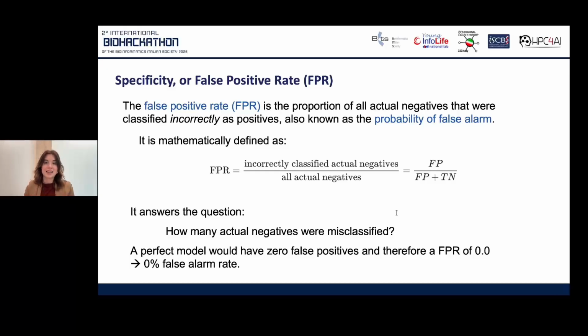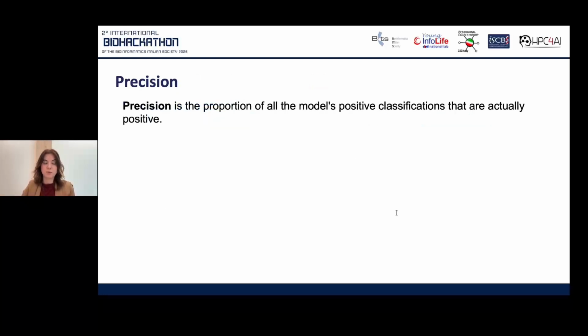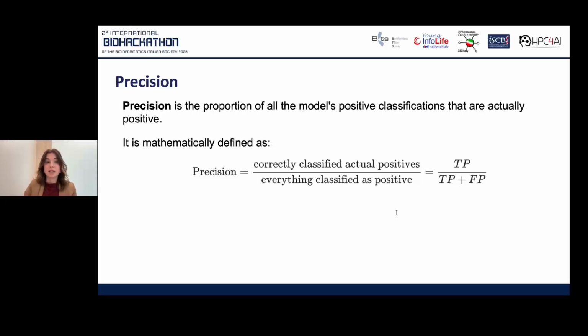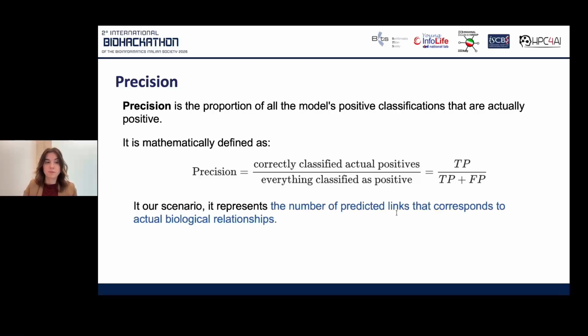So in cases like this, maybe precision, which we are going to describe, will be a more stable metric. Precision is actually the proportion of all the model's positive classifications that are actually positive. It is mathematically defined as the ratio between the correctly classified positives and the sum of the true positives and the false positives.